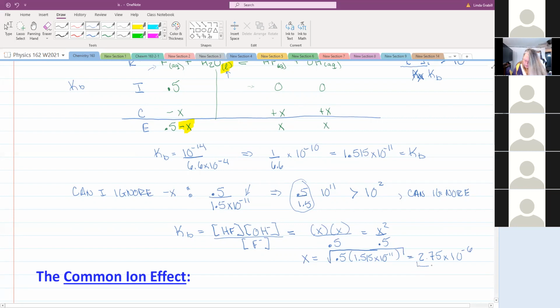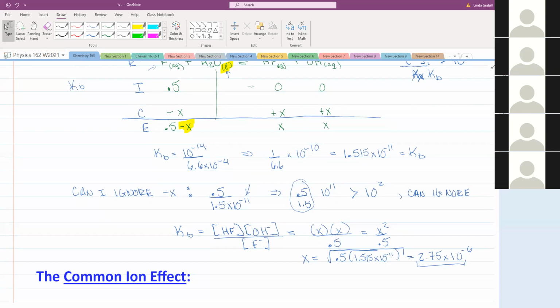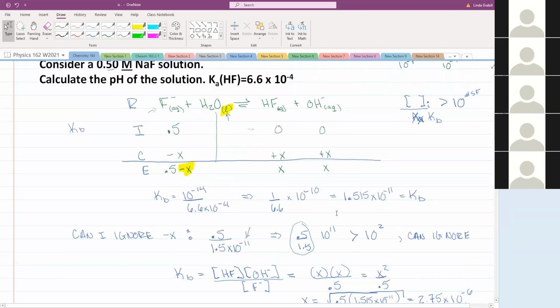So is X my hydroxide concentration? Hannah? When I was working on the SmartWork yesterday, I kept mixing these up. I believe it's your OH, right? Or is it your H3O?